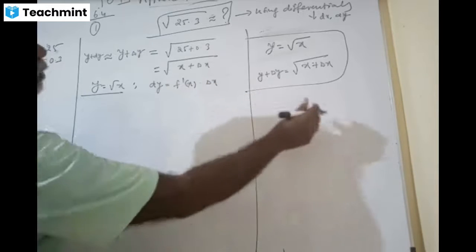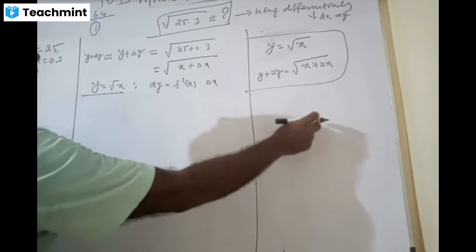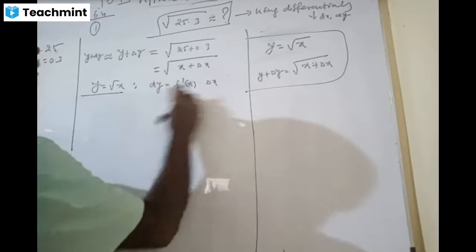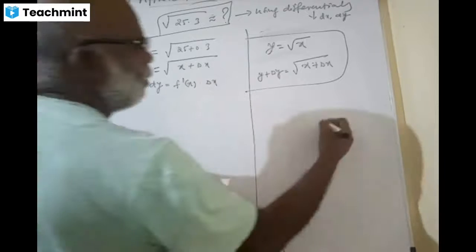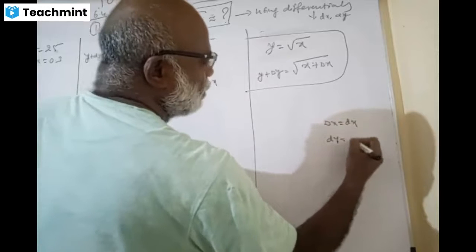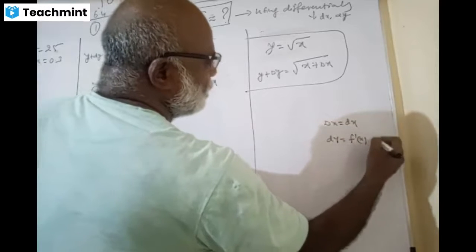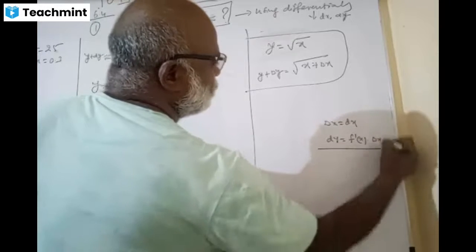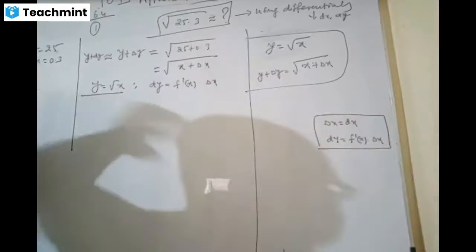This is the formula I wrote previously. This is the formula we arrived at. One is delta x equals dx. Second one is dy equals f dash x into delta x. Now, these are the two things we have made out of the graph.